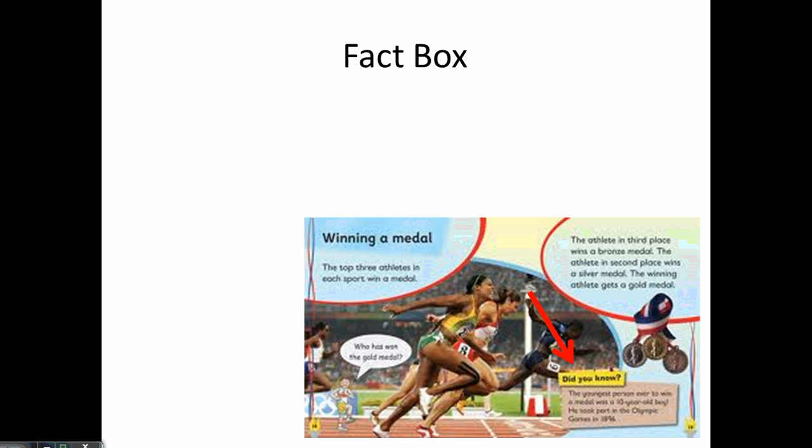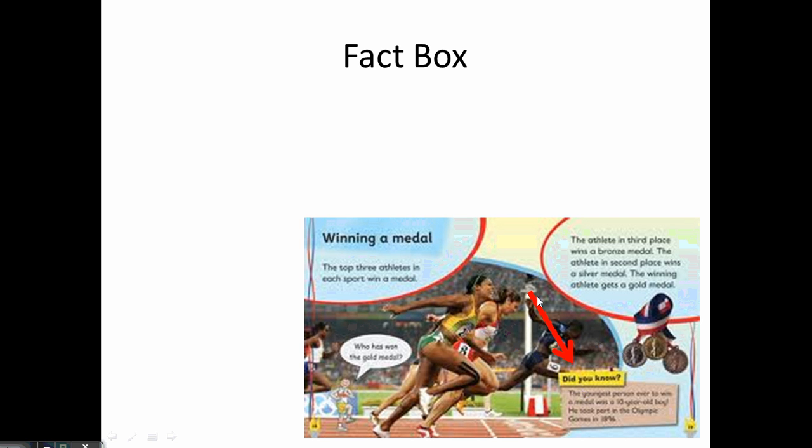Fact boxes are boxes that include, well, facts or additional information about your topic. Oftentimes, they will also relate to the picture or the subheading and other text features that are on that same page. So you can see right here it says, "Did you know?" and then it gives more information about the youngest person to win medals.